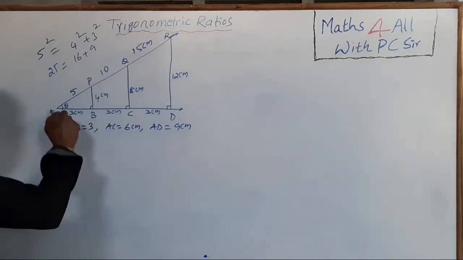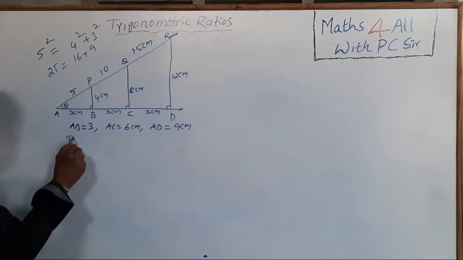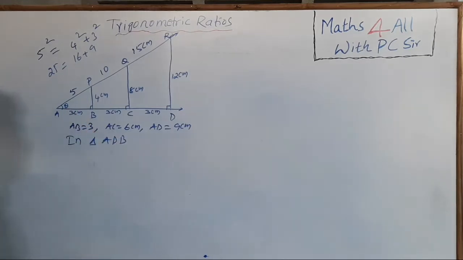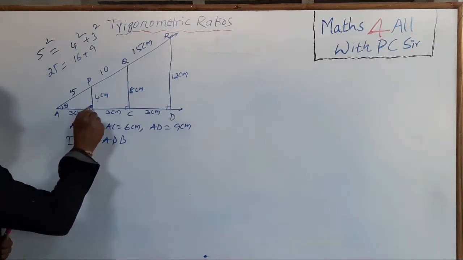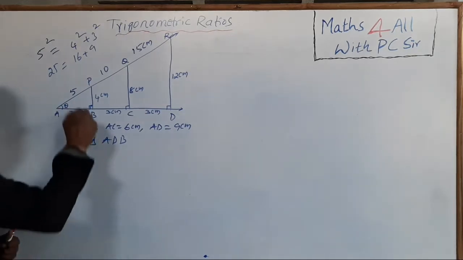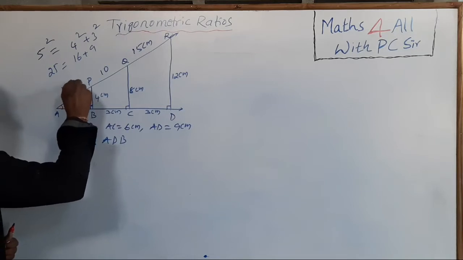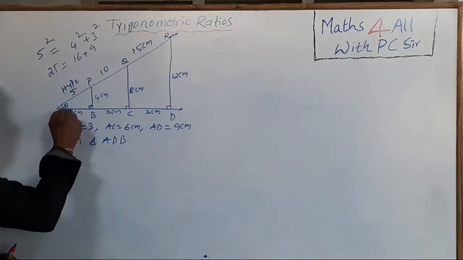Clear? Now in triangle APB, I am taking the first triangle. Here an acute angle is there, and we are giving the names. Angle B equal to right angle. The side opposite to the right angle is said to be the hypotenuse.